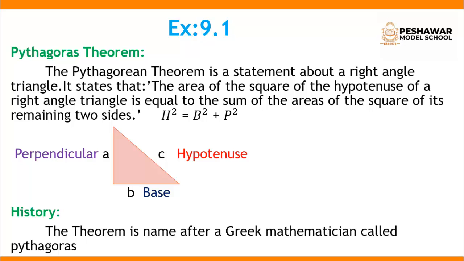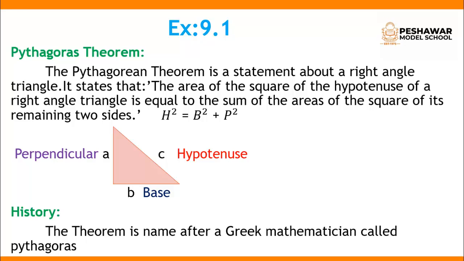In history, this theorem is named after a Greek mathematician called Pythagoras. The Pythagoras theorem is an important topic in mathematics which explains the relation between the sides of a right angle triangle. It is also sometimes called the Pythagorean theorem. The formula and proof I will explain to you in the questions in detail.